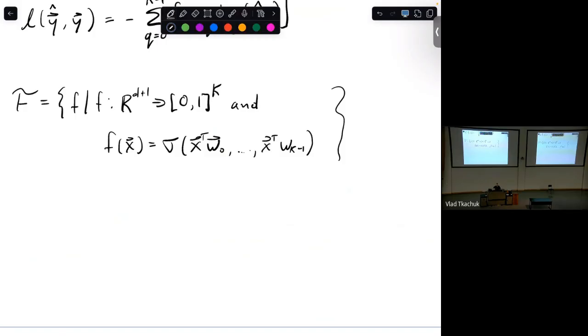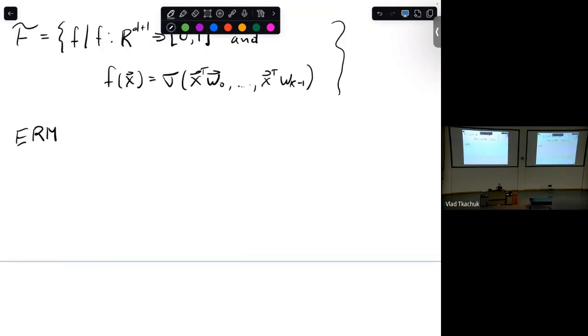And then finally, the learner is just ERM. So then the ERM learner will look as before. It's just going to minimize. So this f ERM is just going to equal the argmin over functions in this function class, where now the functions are softmaxes.